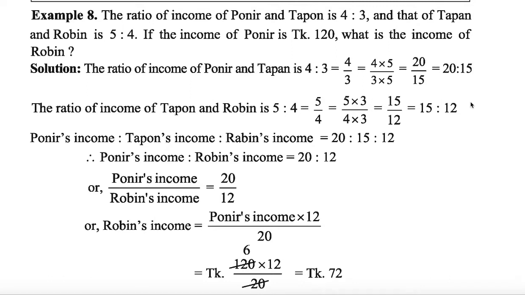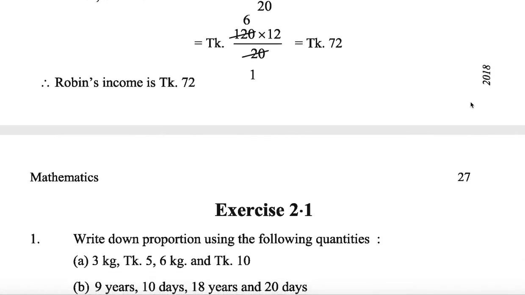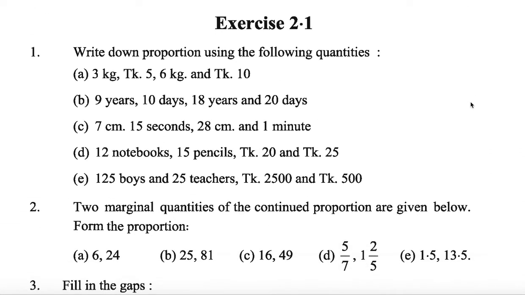Now this is 20 is to 15 is to 12. Pony is 120. What do you want now? Robin. 120 by 20 into 12, that is 72.